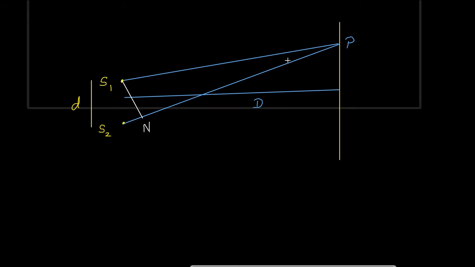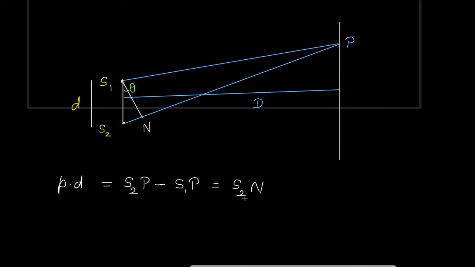So what is the path difference between S2P and S1P? Path difference will be S2P minus S1P, which is equal to S2N. We know between the slits there is a distance small d. The plane passing through the slits S1 and S2 and the normal makes an angle theta.